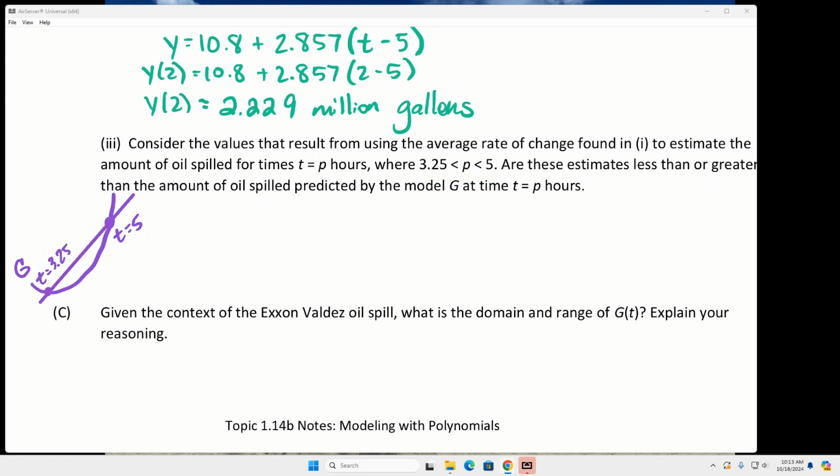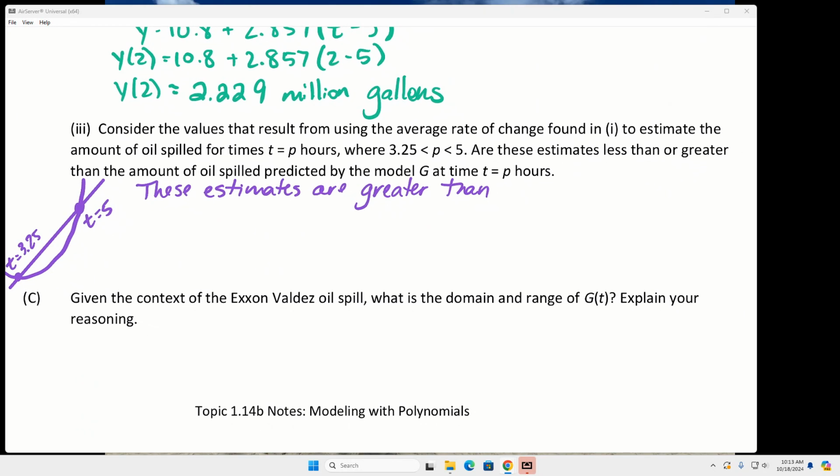Greater than. So I'm going to say these estimates are greater than. And I'm just going to quote the problem. So I'm starting right here with the amount of oil, blah, blah, blah.